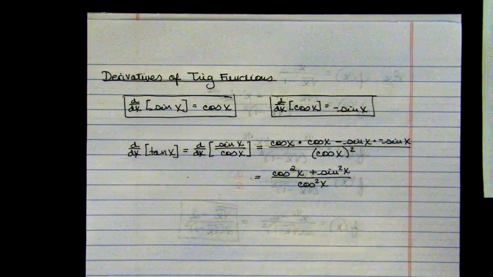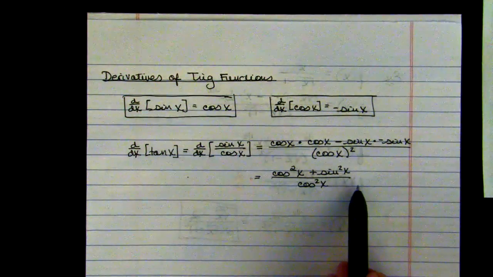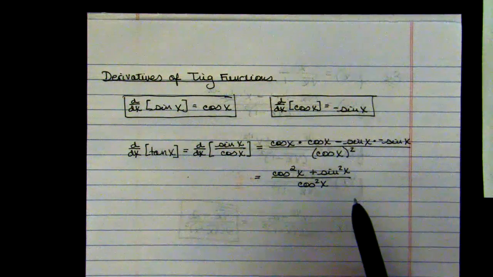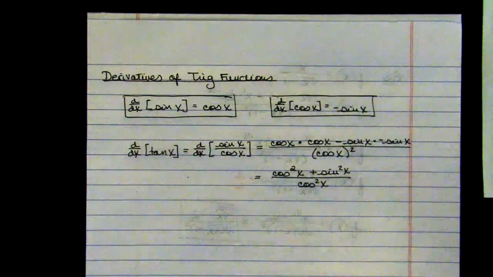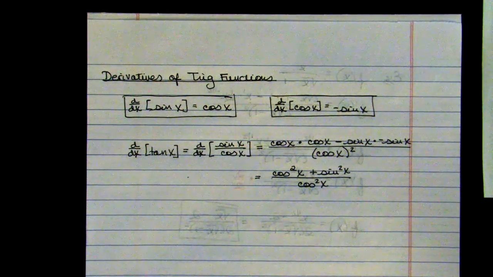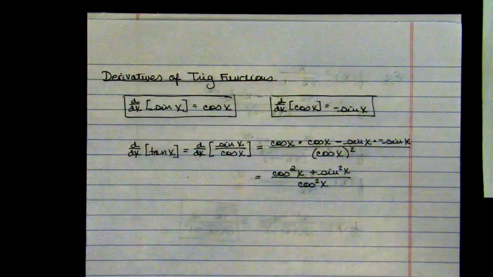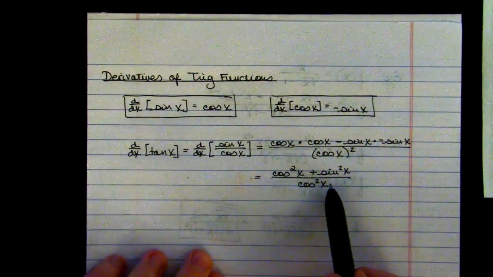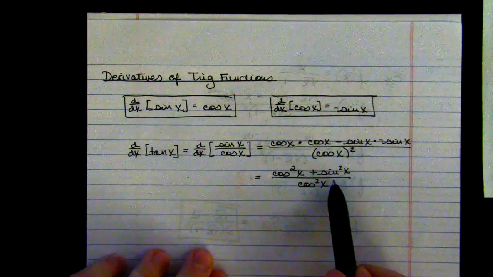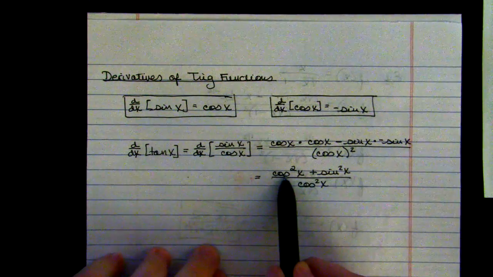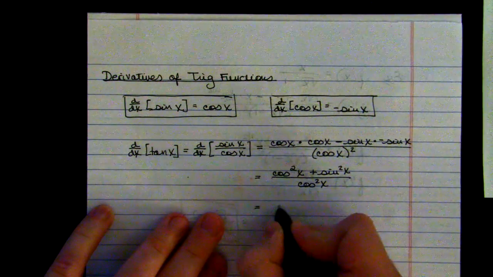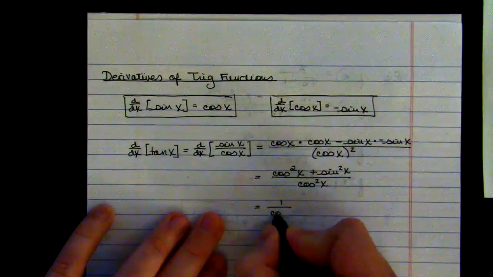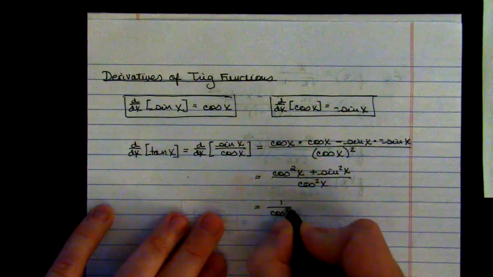I really hope that the top of that fraction kind of jumps out to you, because that was probably one of the most important trig identities that you learned last year. What's that numerator going to become? Hopefully you remember that first Pythagorean trig identity that says sine squared theta plus cosine squared theta equals 1. So we're going to get 1 over cosine squared x.